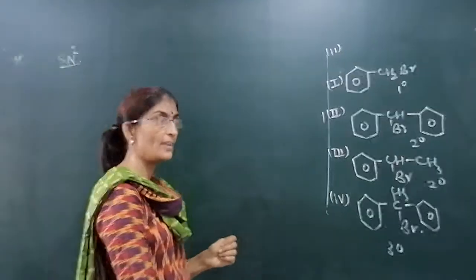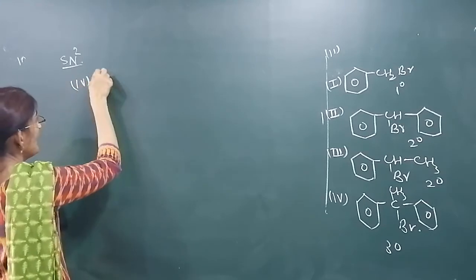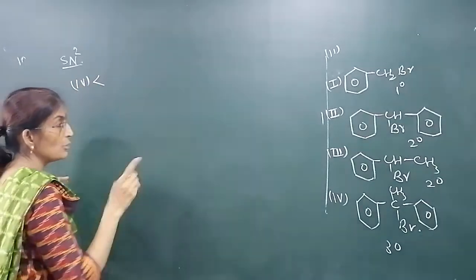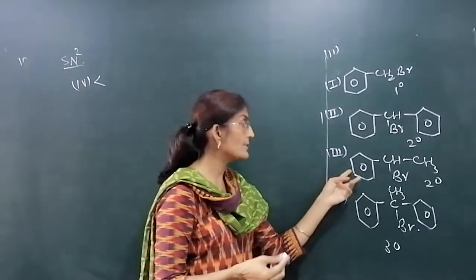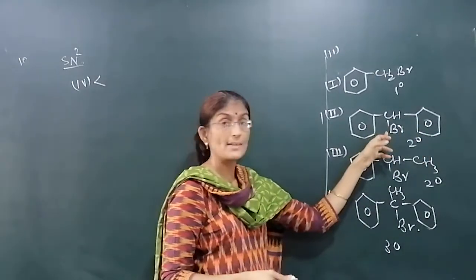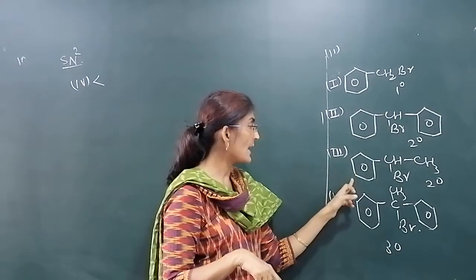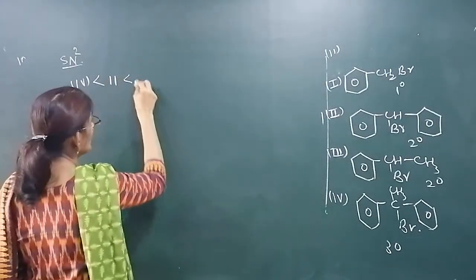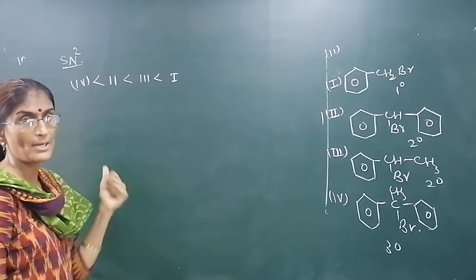We know that tertiary will be the least reactive, so the fourth will be least reactive. After that, of the two secondary ones, the one with more steric hindrance has two big phenyl rings. So here the steric hindrance will be more, and the rate of reaction less. Then which comes next? The second. After that the third, and at last the first because it is primary.